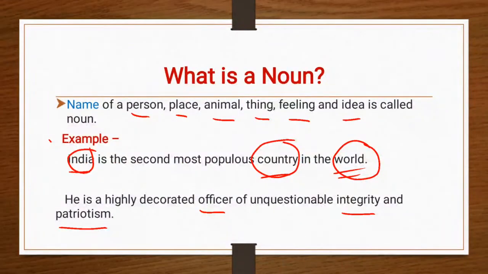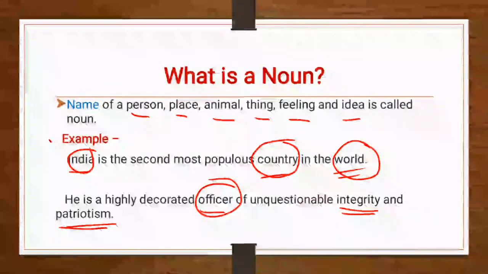Name of a person holding a position of authority is called officer, and integrity is the name of a quality of being honest, and similarly patriotism is the name of a quality of being devoted to one's country. And this is how all the naming words play the role of a noun in a sentence.